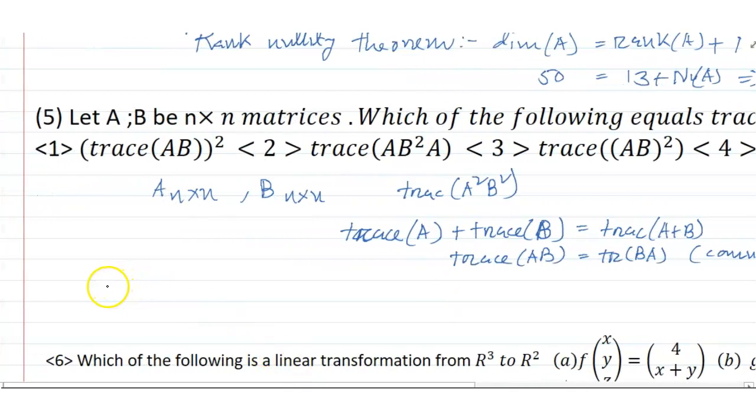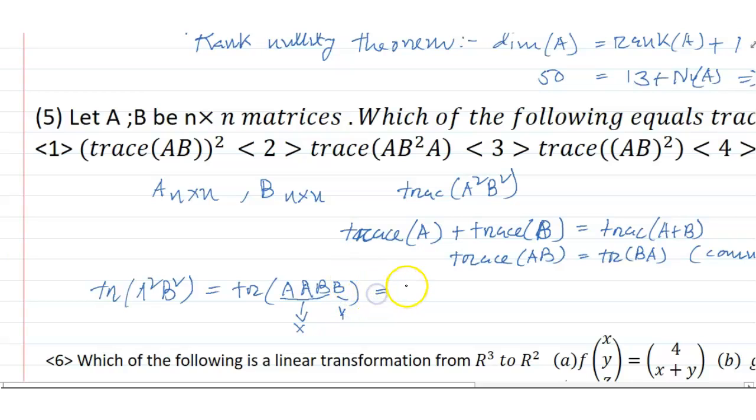Now trace of A square into B square can be written as trace of A A B B. Take A as x and the rest as y.